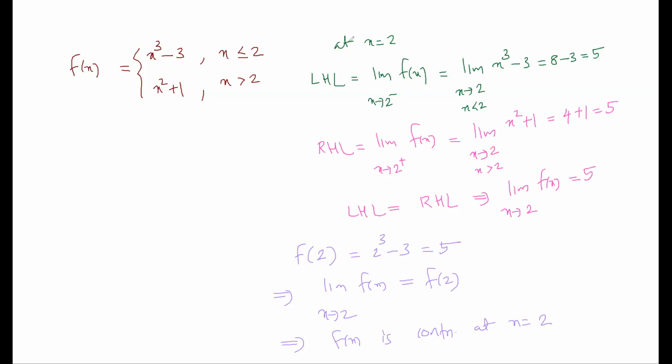The remaining ones are the same type of examples, so I am leaving them and you can check yourself. Another question: f of x is equal to ax plus 1 if x is less than or equal to 3, and bx plus 3 if x is greater than 3.